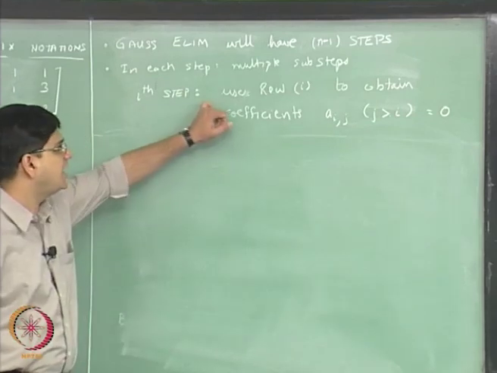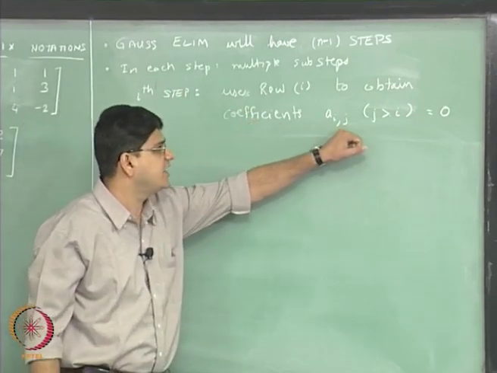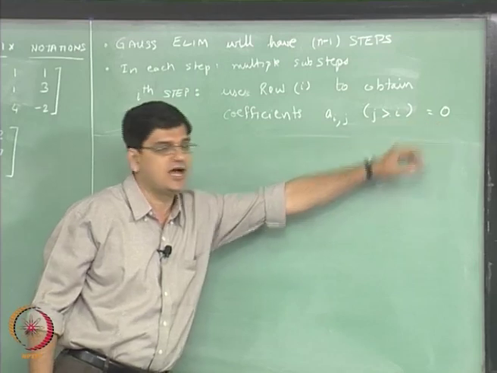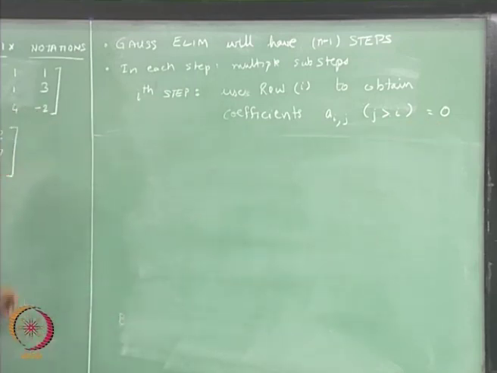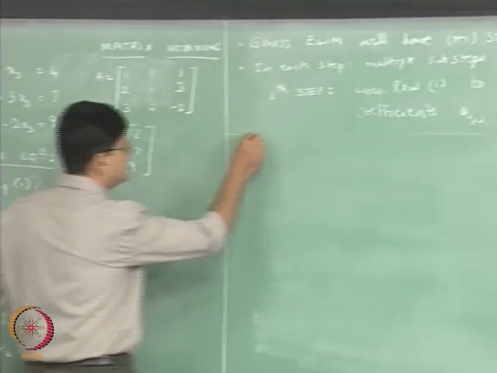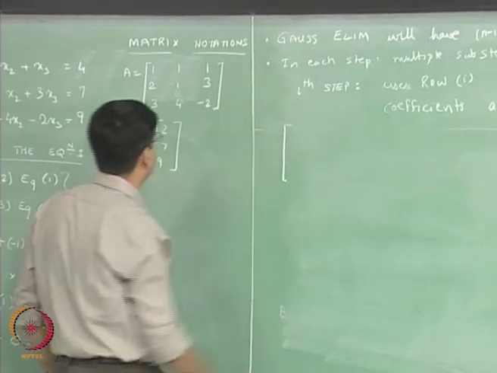We will use the ith row to obtain the coefficients a(i,j), where j is greater than i, equal to 0.